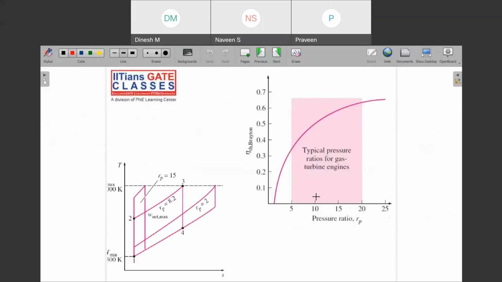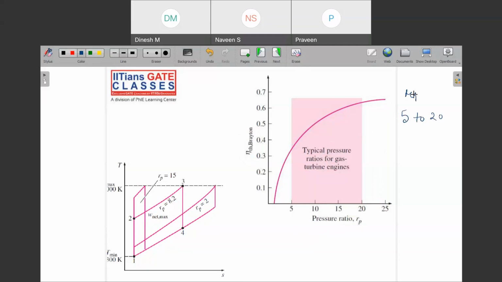Can you see the pressure ratio and the Brayton cycle efficiency here? With the increase in pressure ratio, what changes? Efficiency. And what is the typical pressure ratio for a gas turbine? This question can appear in the exam, so remember that it varies from about 5 to 20.